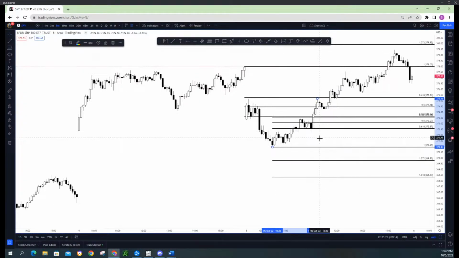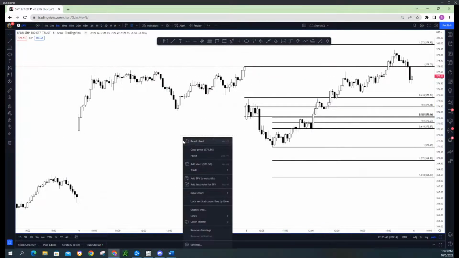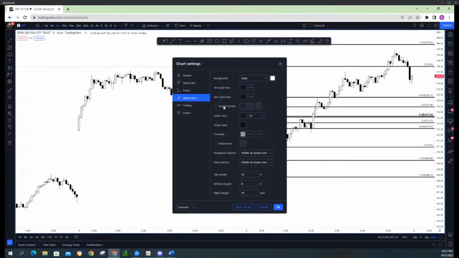After we touched the bottom, it felt like it flew. Think about this. It went from 370 all the way to 379. That's a pretty good range, guys, for a day. Yeah, that was nuts. But a $10 range on the SPY is pretty good. Usually you will not get that much.